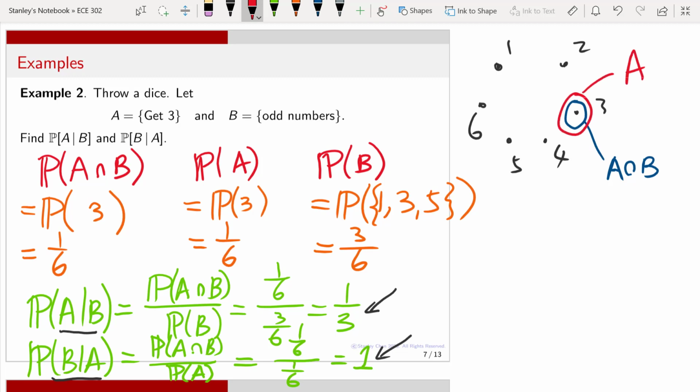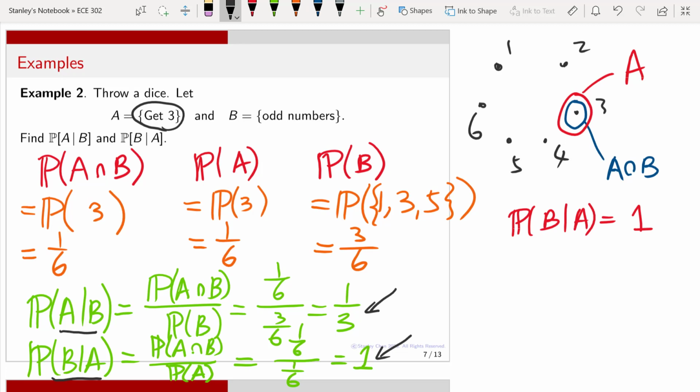This is A, and therefore the probability of B given A, this is just one choice out of one choice. It has to be 1. If you look at the definition here, what is the conditional probability of getting an odd number if you have already got a 3? If you have already got a 3, since 3 is an odd number, you are absolutely certain that B will happen.